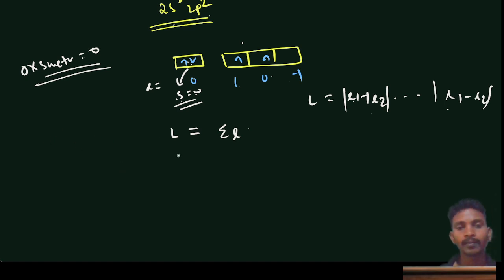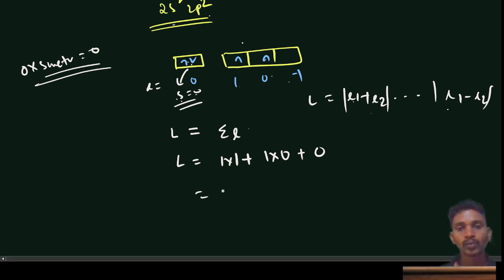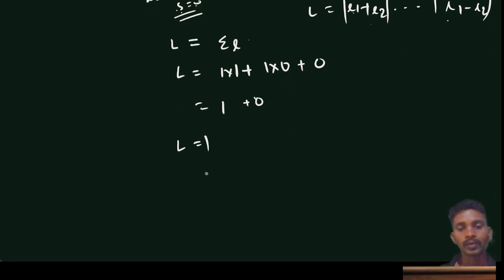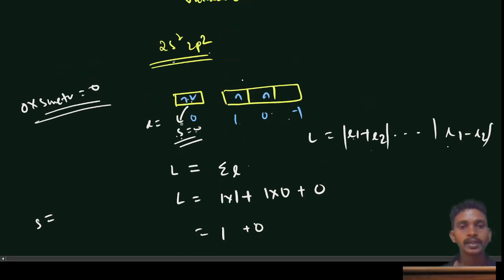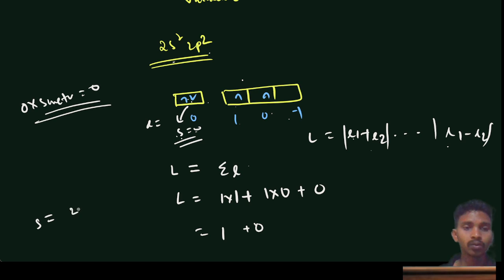So here the summation of l value we will do, that is this is 1 into 1 plus this is 1 into 0, plus 0. So this is 1 and this is again 0, so the l value we will get is 1. Similarly for s values, this cancels, because plus half and minus half, and this is 2, so 2 into half, that is going to be 1.